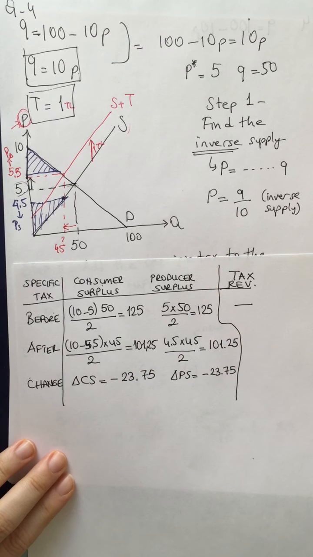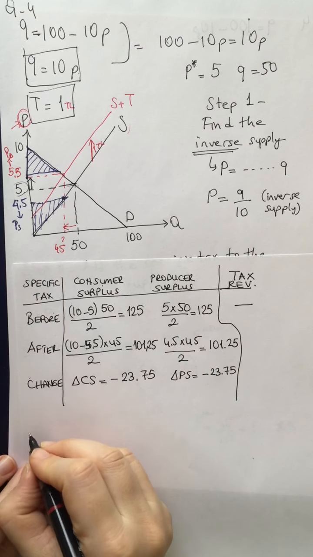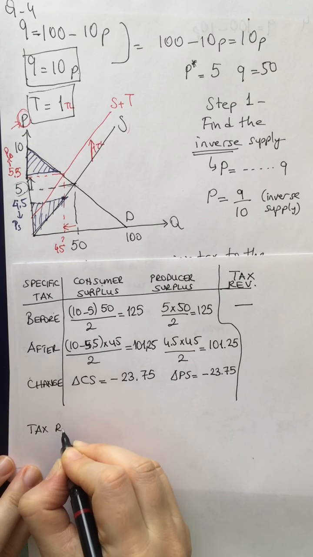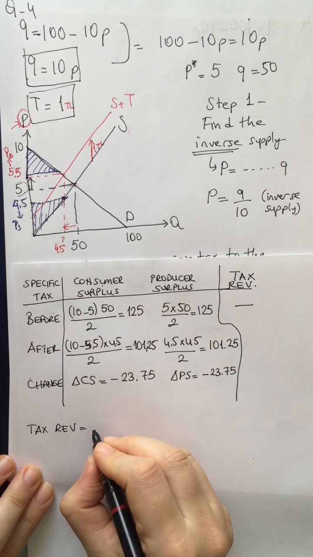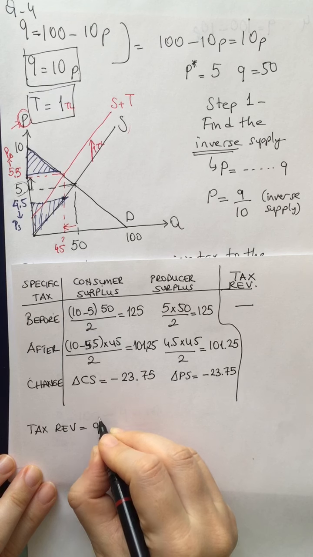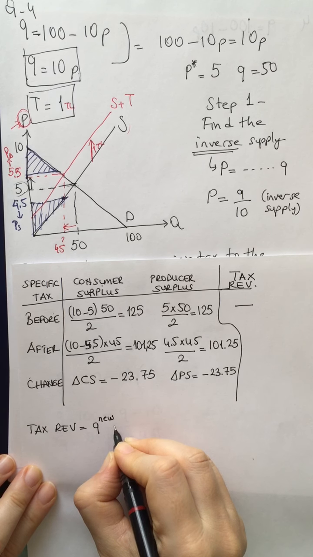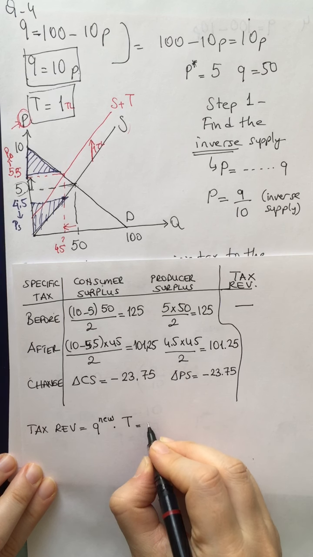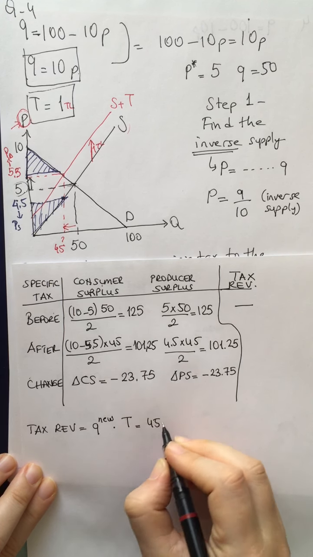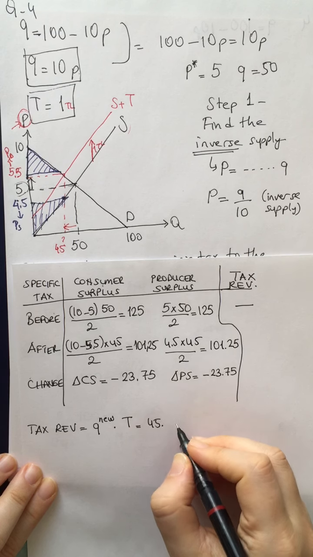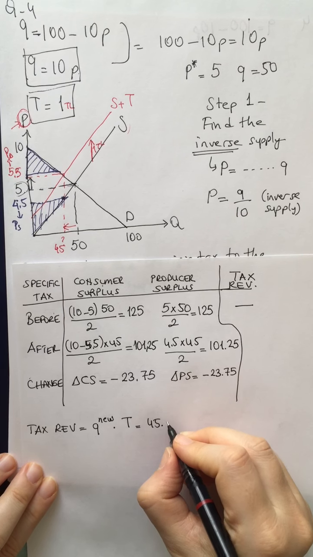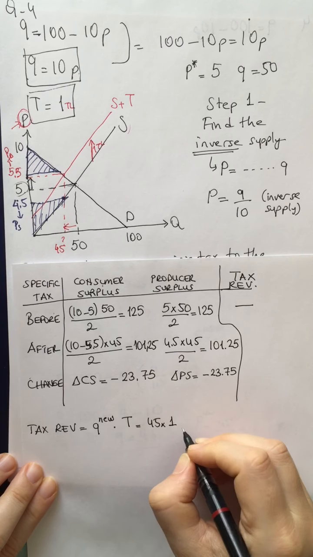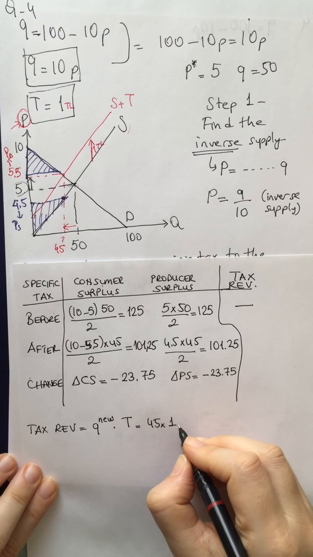The tax revenue of the government, let's write it here. Tax revenue of the government is the new equilibrium quantity with tax times the specific tax rate. So 45 units of goods will be sold in the market, and for each of them, the producer will pay to the government 1 lira.